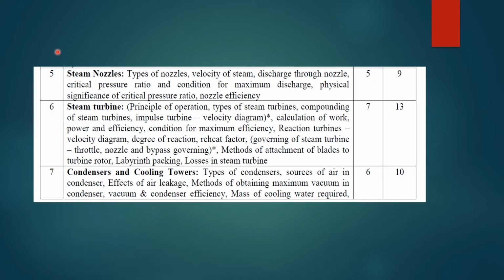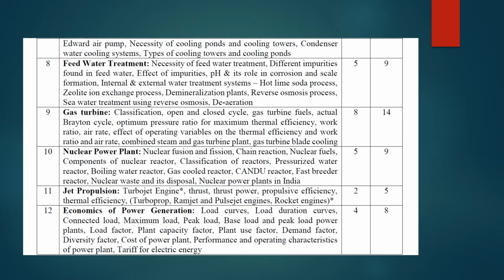In fifth, sixth and seventh unit, we study how the steam nozzle, turbine, cooling tower and condenser are used in the power plants. In the 8th, 9th and 10th unit, we discuss about feed water treatment, gas turbine working, nuclear power plant and its reactor.